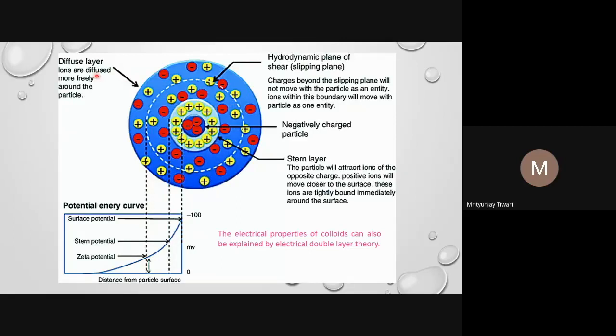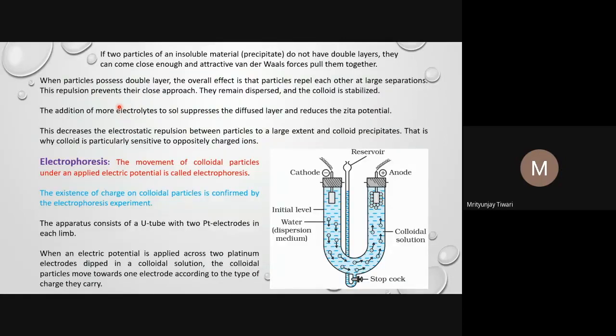And in the diffuse layer, ions are diffused more freely around the particle, and so these ions move more freely.